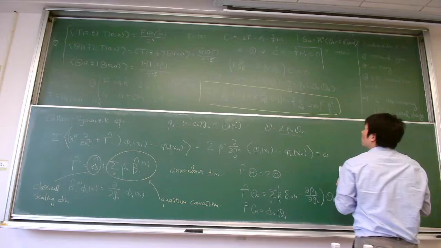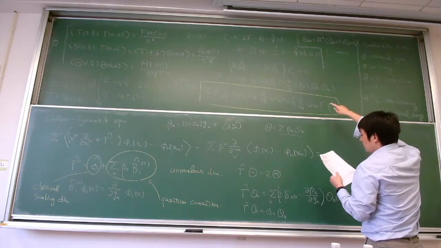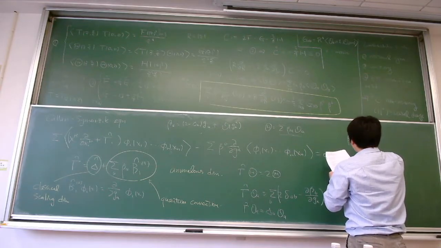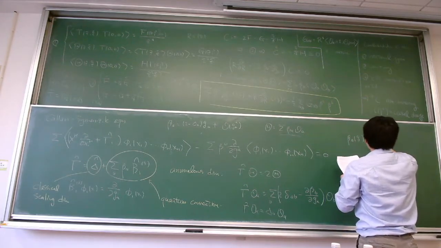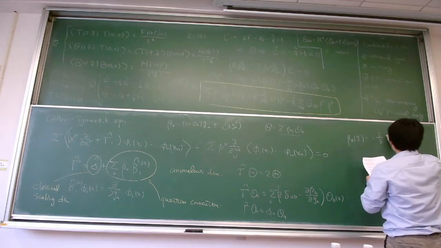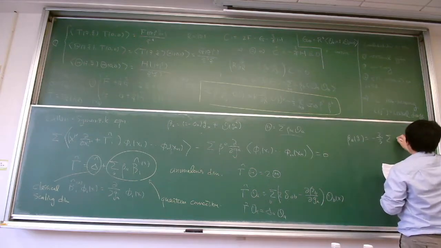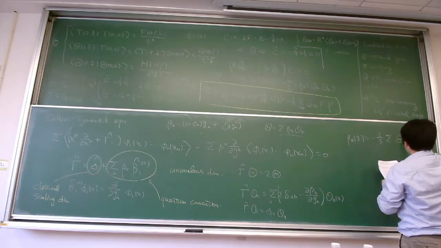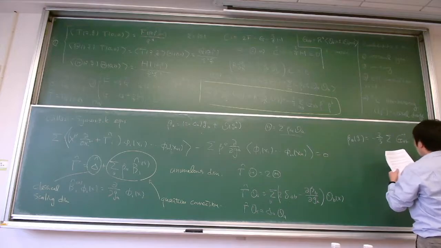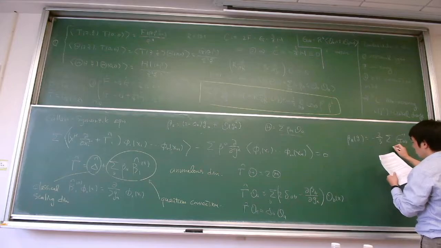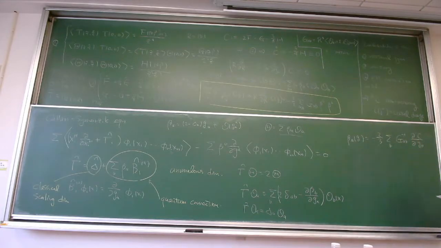So then, if you apply the inverse metric G on this equation, what you get is GAB inverse, so what you get is this equation.